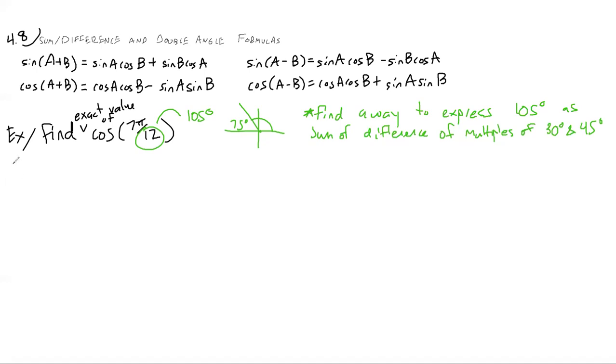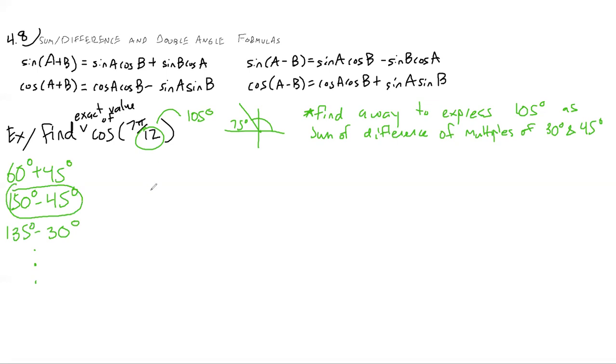We could do 60 degrees plus 45 degrees. We could do 150 degrees, which is 5 times 30, minus 45 degrees. We could do 3 times 45 is 135, so 135 degrees minus 30 degrees. There's lots and lots of ways that we could do it. I'm going to just choose this one here.